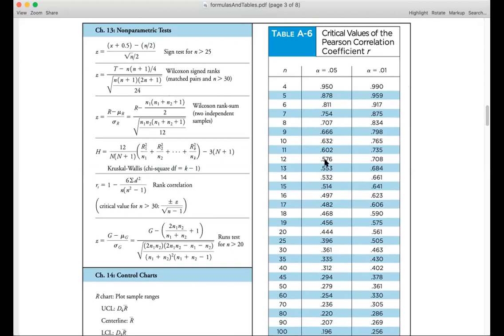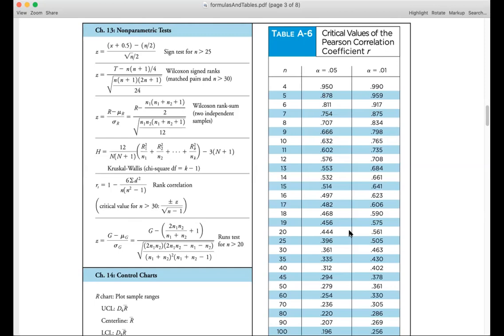In our little problem, if alpha is 0.05, we go down this column, and then go to the sample size row. We had 7 values, so we go to the 7 row, and the critical value is 0.754.